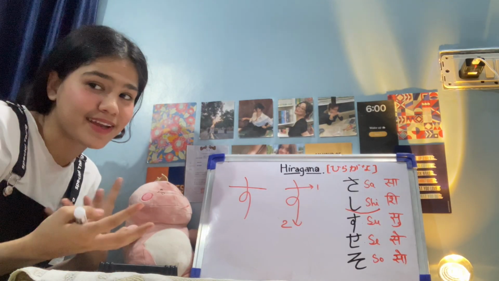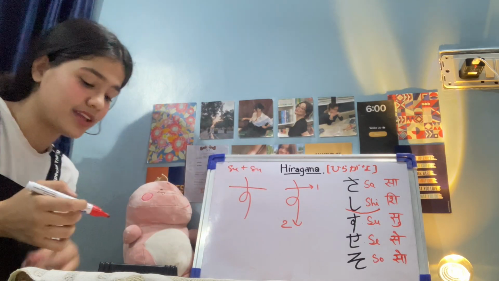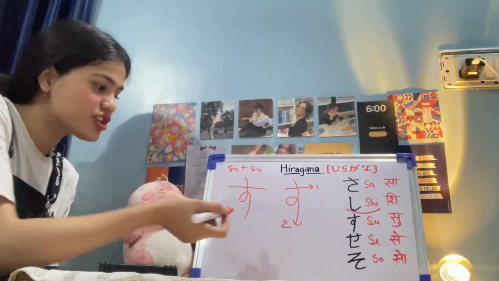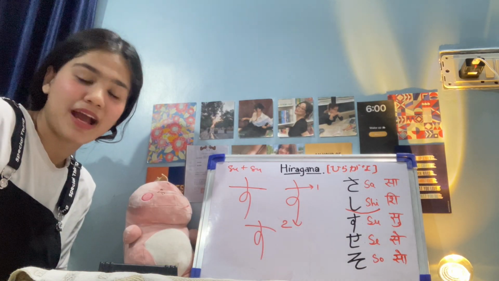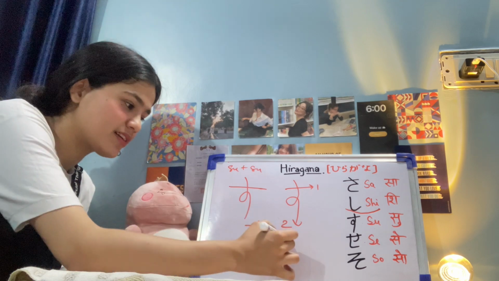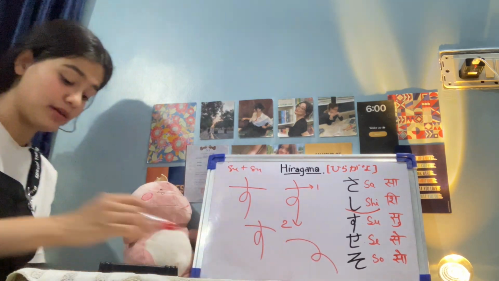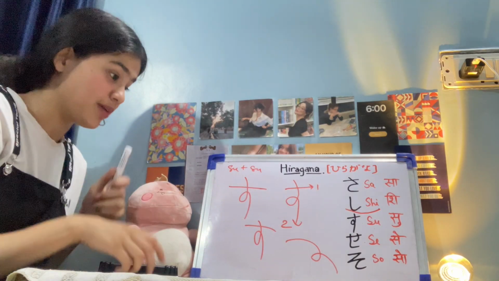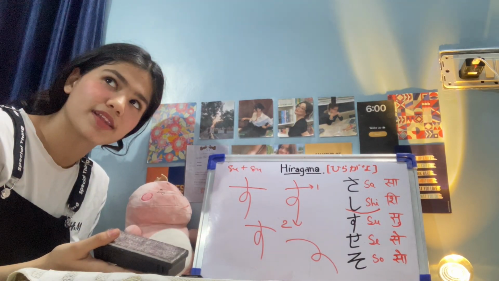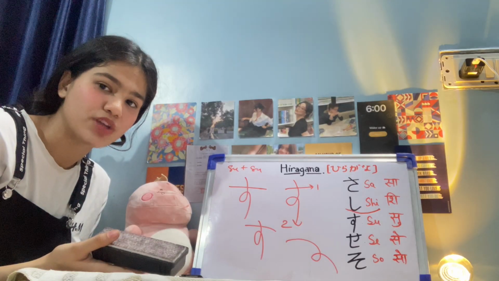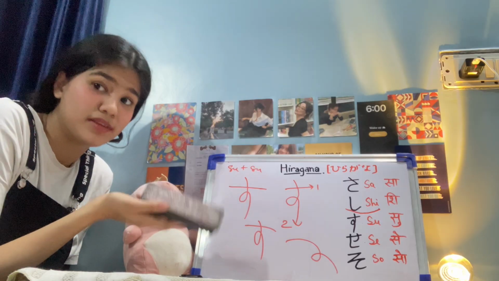If we double it, it's like su plus su. You know what that means, right? And it just seemed like pee to me. I don't know how, but it was just like water going like that. I know it's bad, it's way too bad. But that's how I remember it. And I was a child back then, when I started learning Japanese. That's how I remembered this letter.